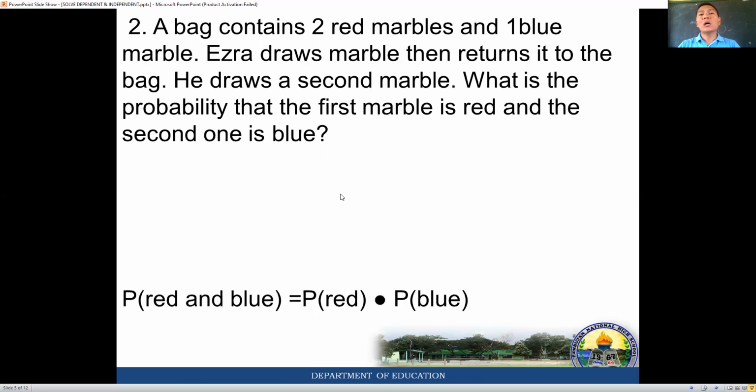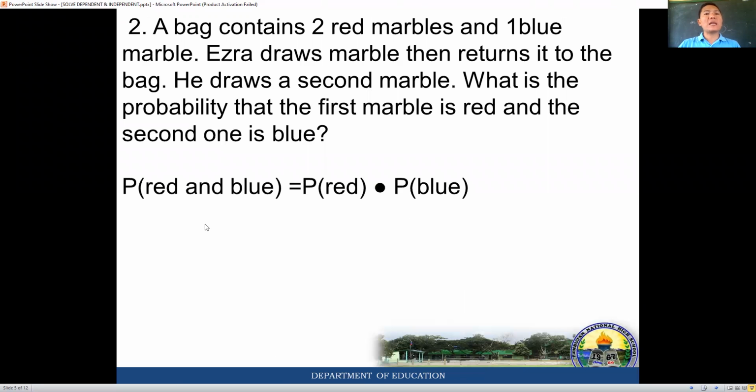So what are we going to do? We will multiply the probability of red and blue. That is equal to the probability of red times the probability of blue. And what is the probability of drawing a red marble? That is 2 out of 3. So 2 over 3 times the probability of getting a blue marble, that is 1 blue out of 3. So 1 over 3. So multiplying 2 over 3 times 1/3.